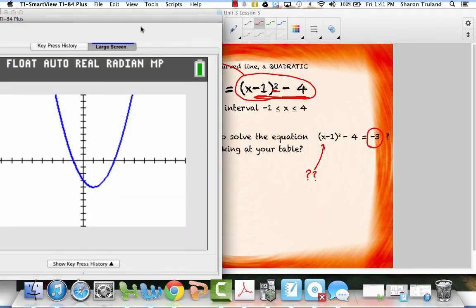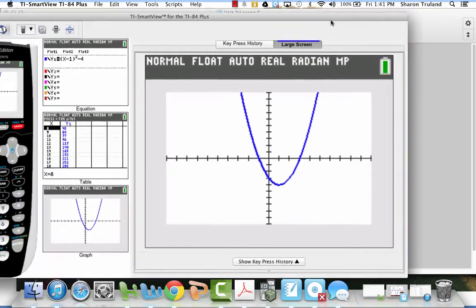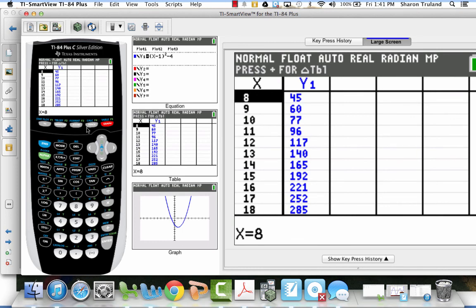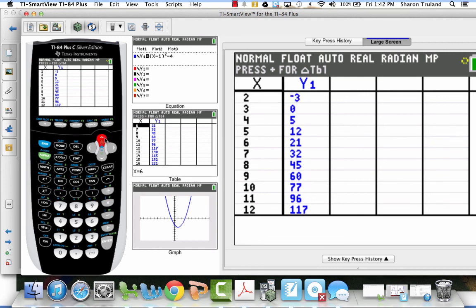So I'm going to come over here, and I'm going to go into my lovely table. Do I see a y value of -3 here? No. I'm going to keep going. Y value of 21, 12, 5, 0. Hey, -3.